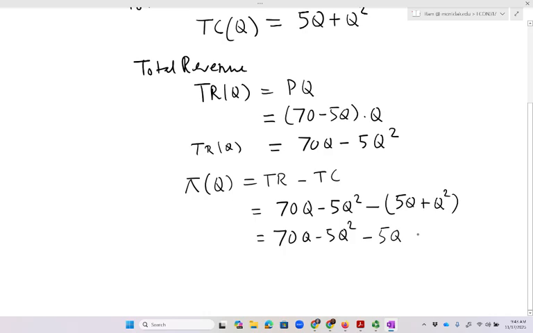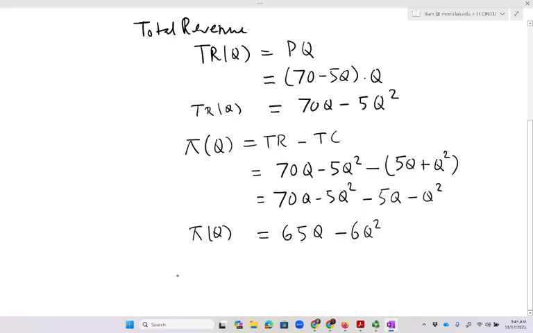Q square is also positive, so becomes minus Q square. We can simplify this by collecting terms. So I have 70Q minus 5Q, which turns out to be 65Q. Then I have 5Q square and Q square both with a negative sign, which becomes 6Q square. So this is the profit as a function of output Q.